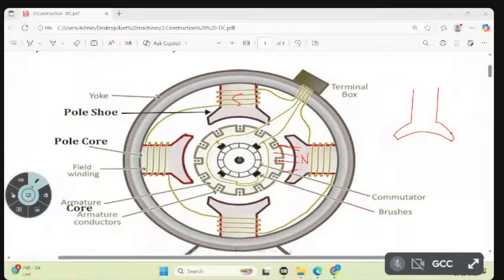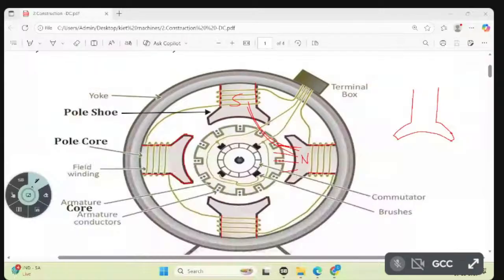I will erase, no need to worry, first listen. So like this flux is available. Where are the conductors? The conductors are here. These conductors cut the magnetic field while rotating.